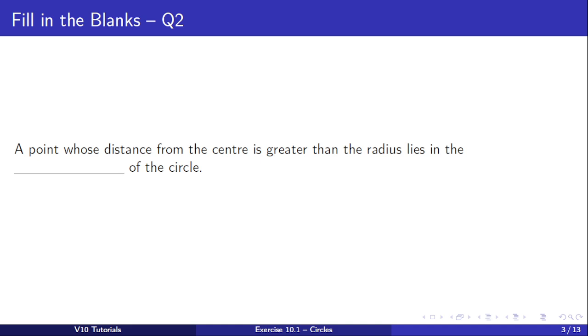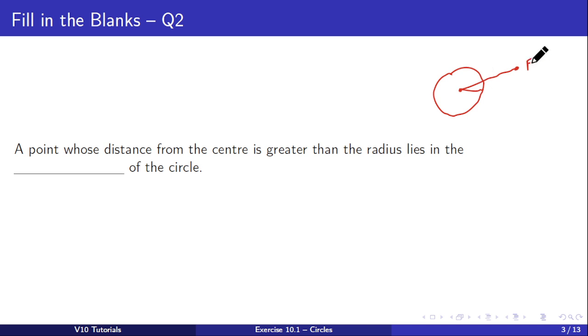Question number 2. A point whose distance from the center is greater than its radius lies in dash of the circle. Now again, if you take a circle here, this is the center. Supposing that now the radius is this much. Supposing there is a point P here whose distance from the center is greater than the radius.